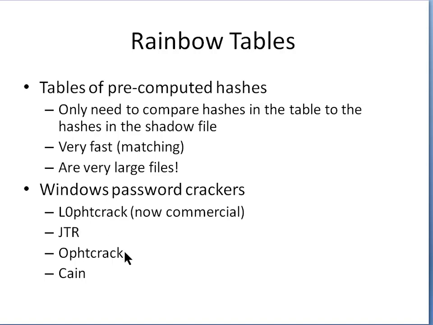Ophcrack is freely available, and you can either install it to your system or you can run it off a CD drive. And Ophcrack uses rainbow tables. And also there's a very powerful program called Cain, or Cain and Abel, which also runs on Windows and is able to do a lot more than John the Ripper, because it can actually extract passwords over a wireless network or passwords going over a network connection.